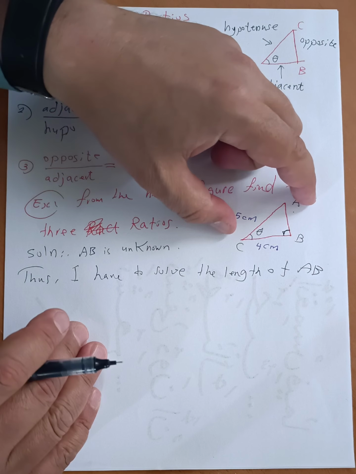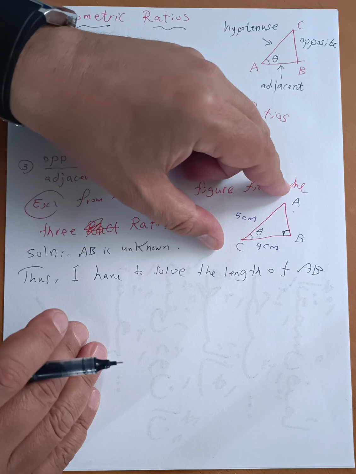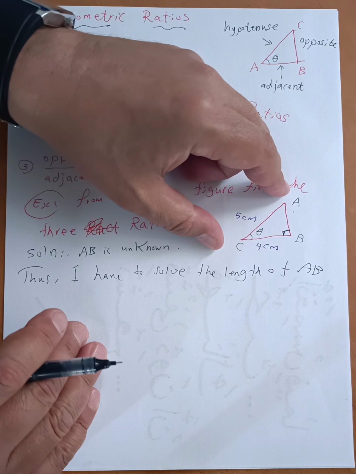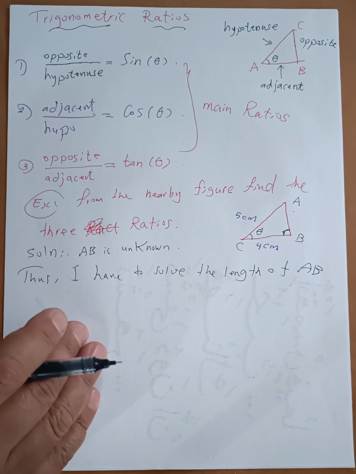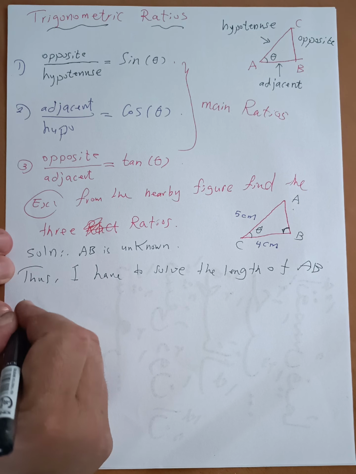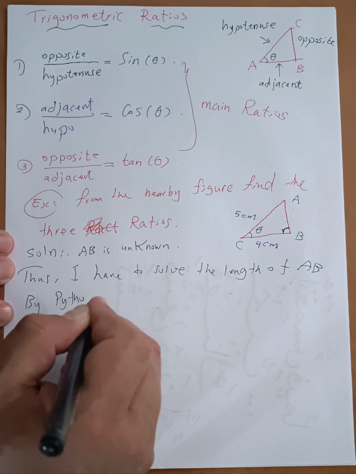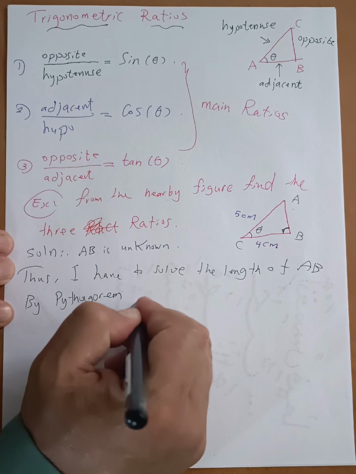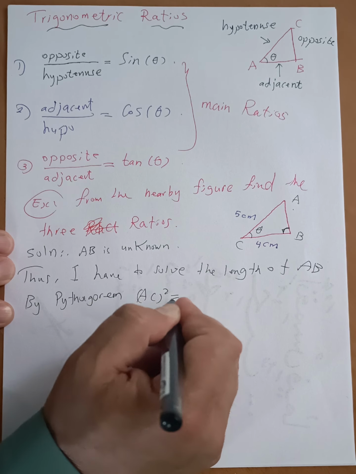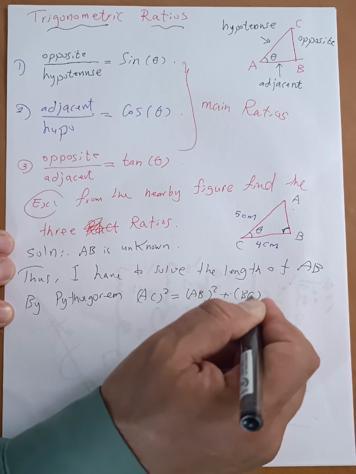Look at this right-angled triangle. In the right-angled triangle, the square of the length of the hypotenuse equals the sum of the squares of the perpendicular sides. I mean, by Pythagoras, AC squared equals AB squared plus BC squared.